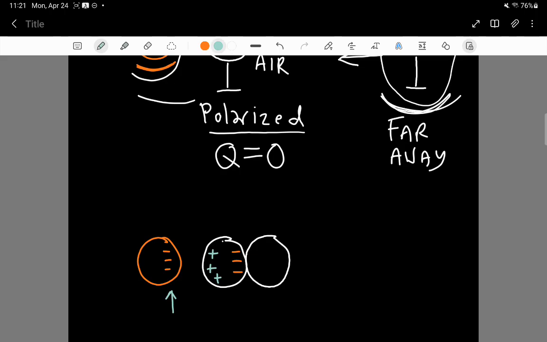And let me draw the charge real quick before the electrons move across. But can you see what's going to happen? These electrons that are right here have a way to go and sit on the right side sphere. They can just move across the touch point between them. So let's move those electrons over. So here they are instead.